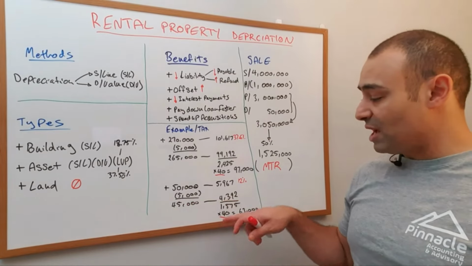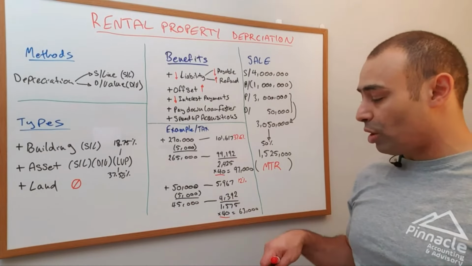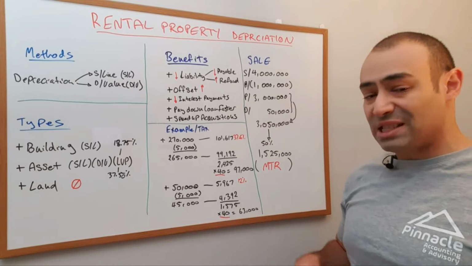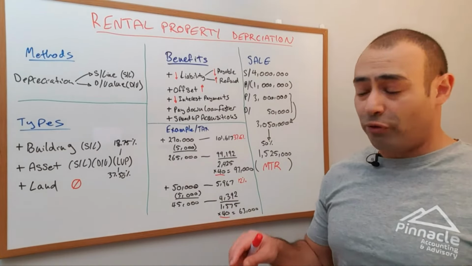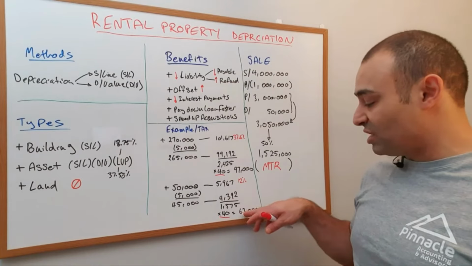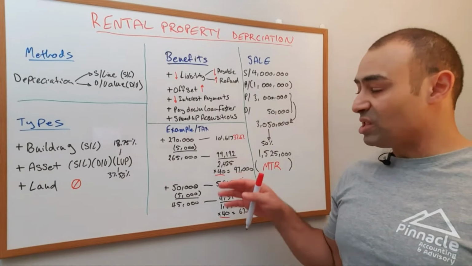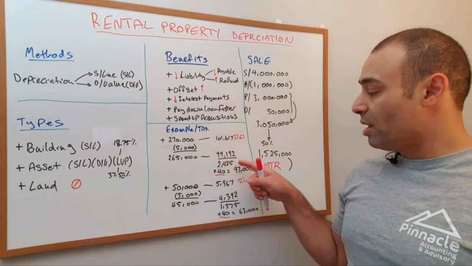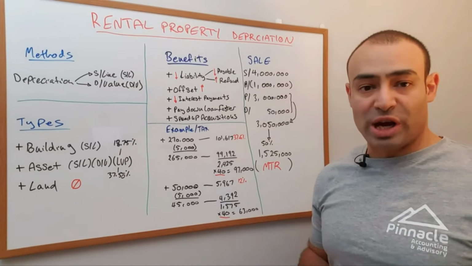At $45,000, their tax is $4,392. That's a reduction of $1,575. Multiply that by 40 years and you have a benefit of $63,000. What we can see from this example is the higher your income, the more beneficial the depreciation is.